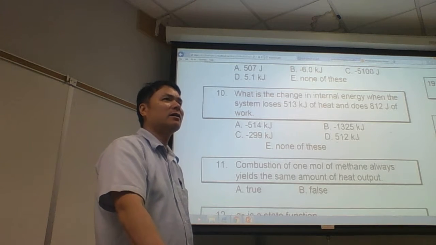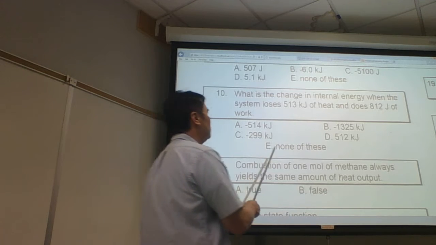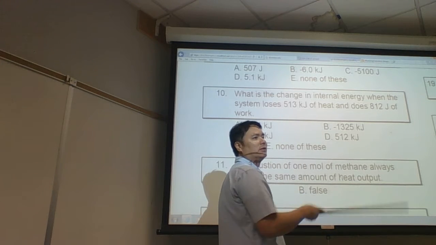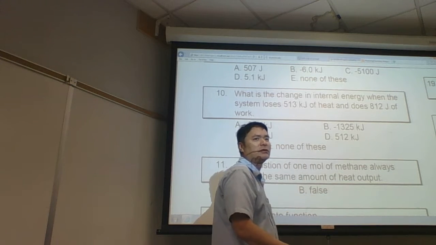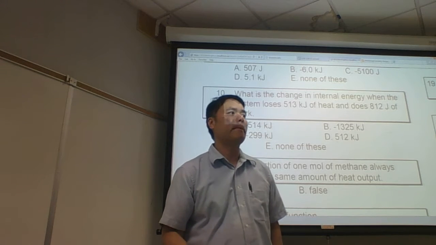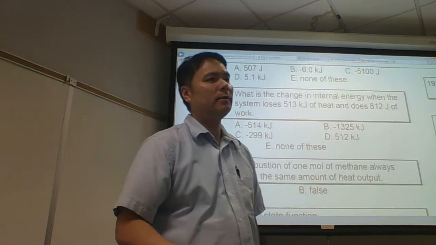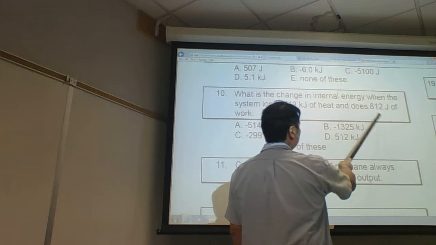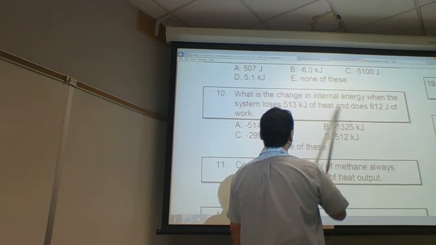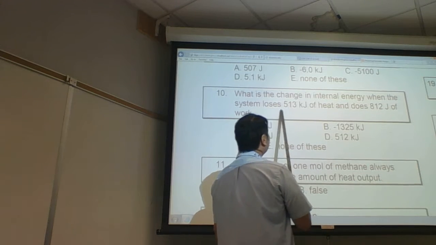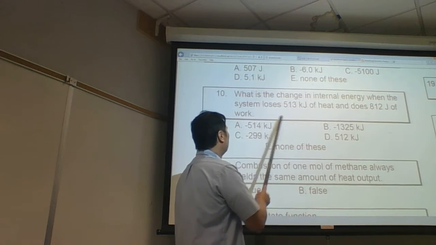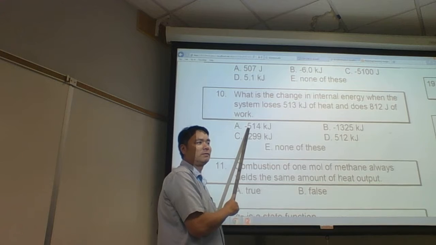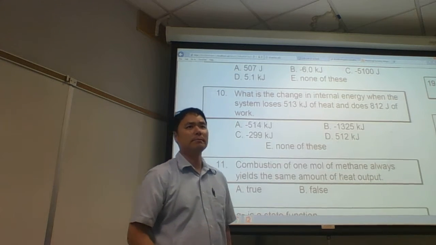Then I went back and looked at it, and there are little things like this. I would just add those. I wouldn't really look at the units because I was trying to do things quickly. So I made a bad error. But here you can't add, this is kilojoules, this is joules, so this is going to be 0.8. So that should be minus 513.8, which is going to be minus 514, which is answer 8.